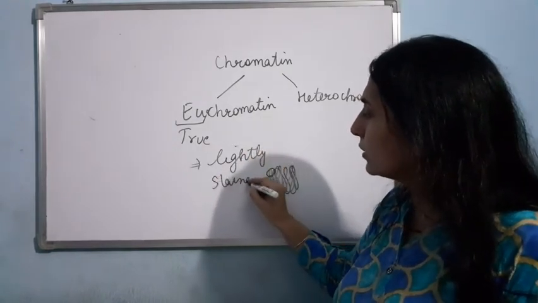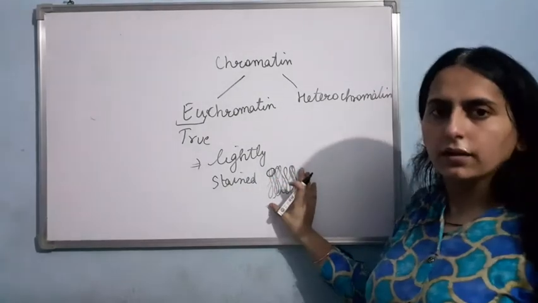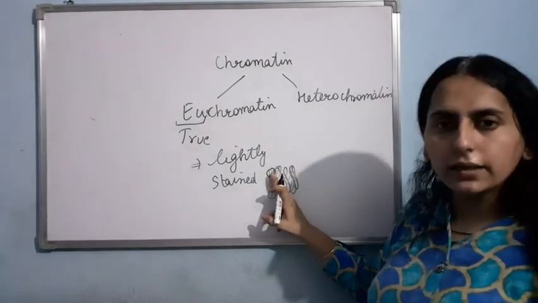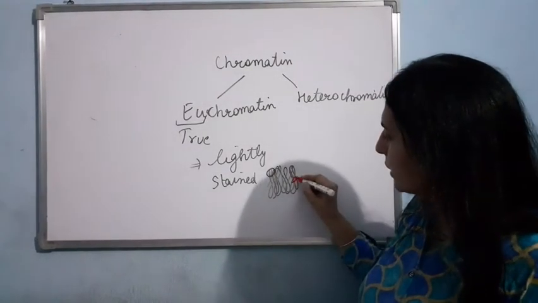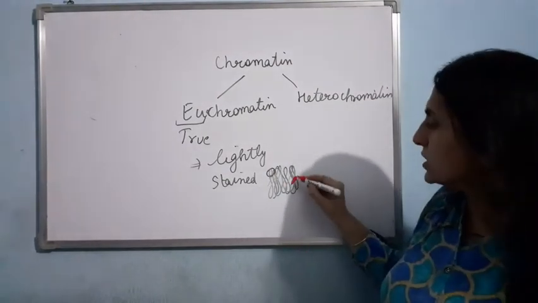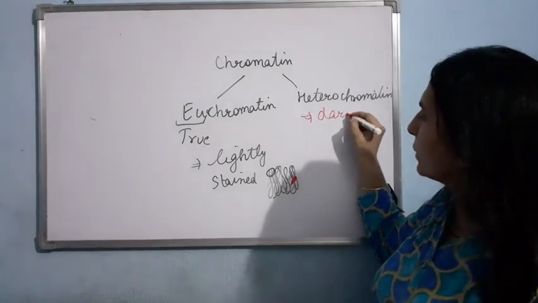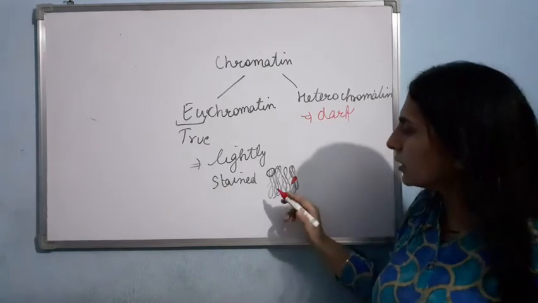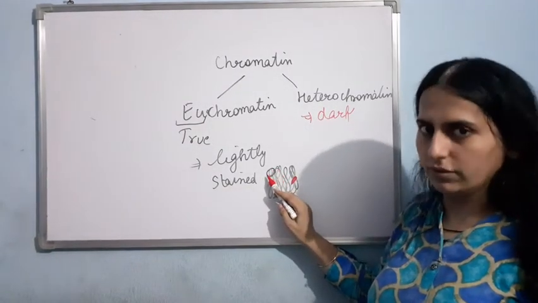This I am talking about a single chromatin. If you stain this chromatin, some regions will appear light and some will appear dark. Suppose this region appears dark. This dark chromatin region will come under heterochromatin. Actually, this lightly stained region is transcriptionally active.